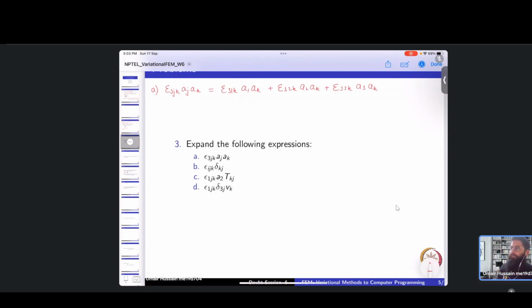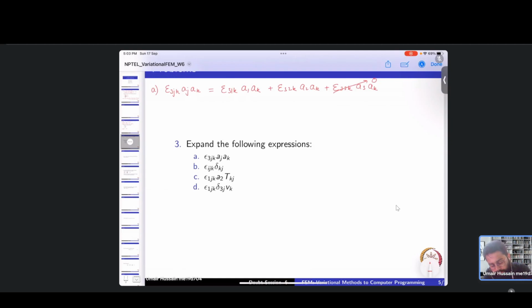Now we know the property of the epsilon or the Levi-Civita symbol, that if any index is repeated in the three indices, then it becomes zero. So this whole term would go to zero automatically. We are left with two terms here.